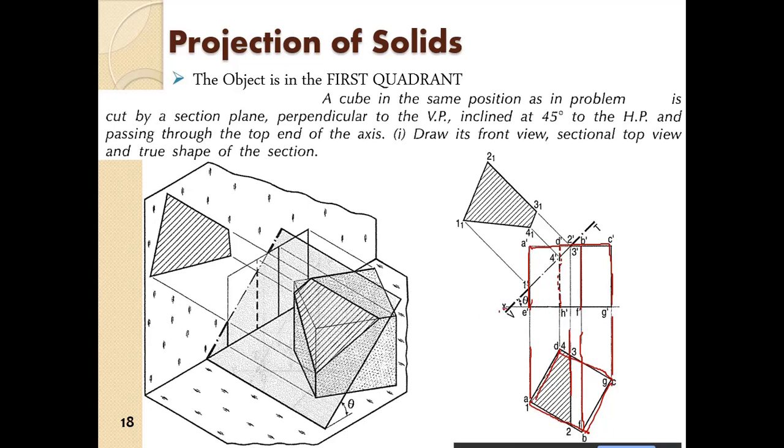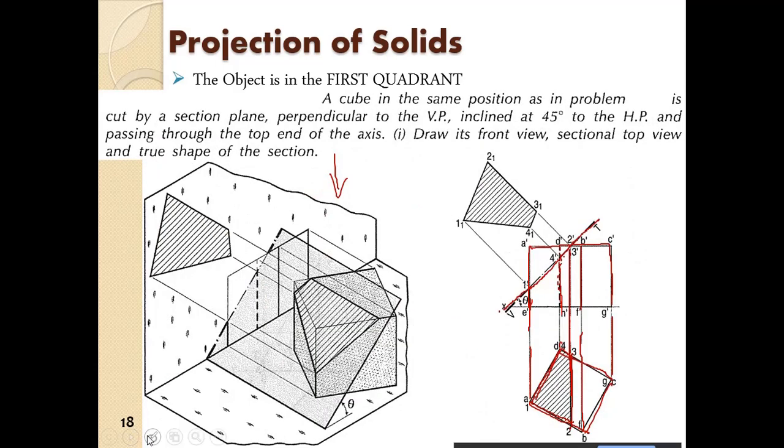Third step is draw the intersection plane. Fourth step is identify the points and draw projectors below. And then you join the points to get the intersection plane for the top view.